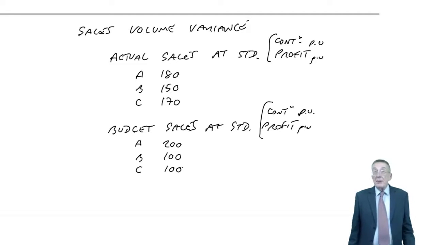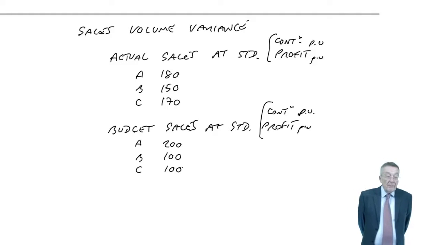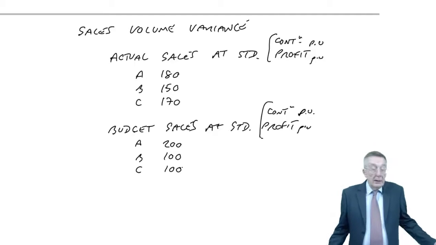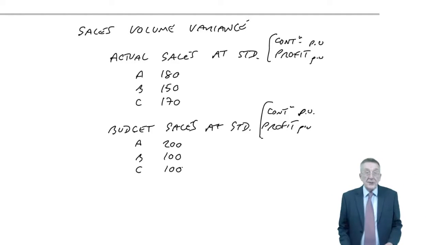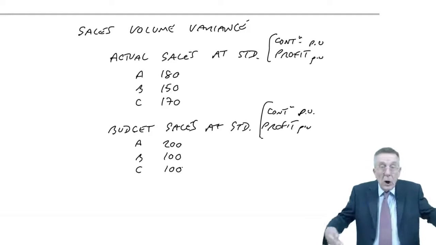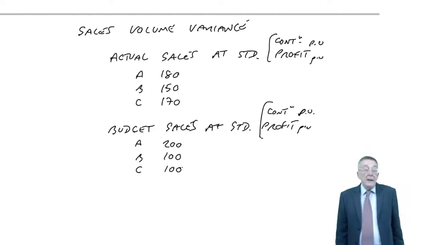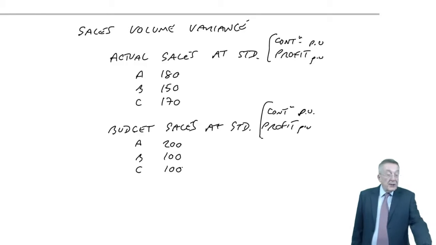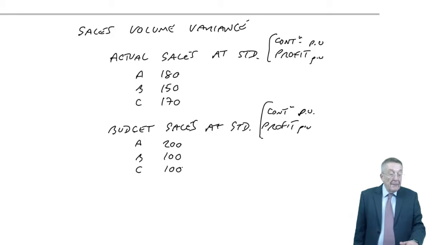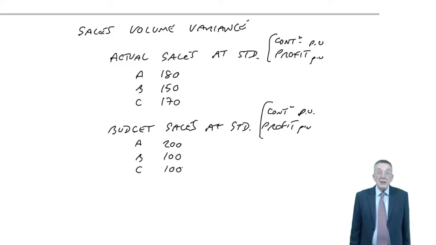This question doesn't say whether it's marginal or absorption costing, but with no choice here, obviously, the cost per unit, we don't know whether that's simply variable marginal costs or whether that's total cost, where it includes fixed. So, not a problem. But the standard profit per unit, appreciate, comes from the budget figures.